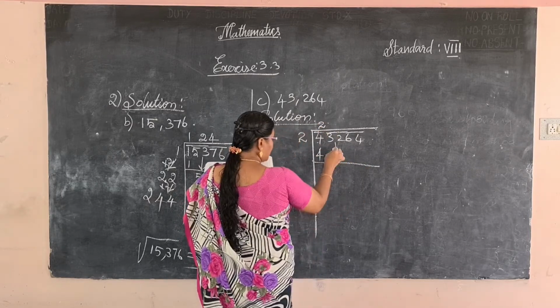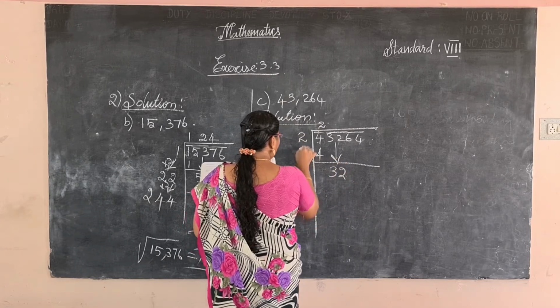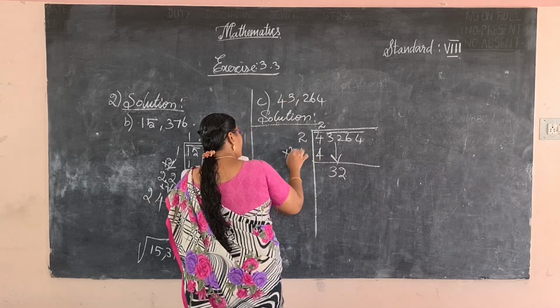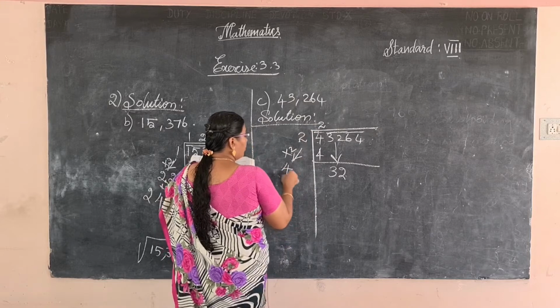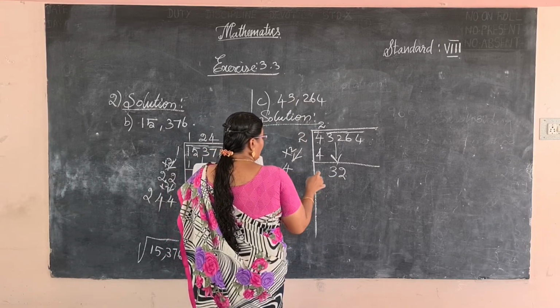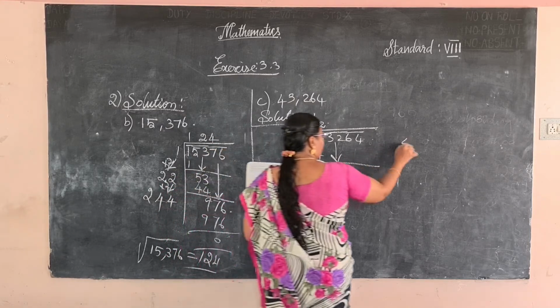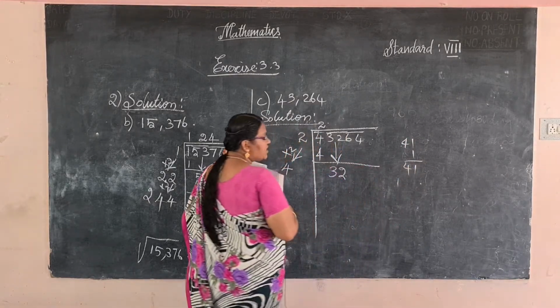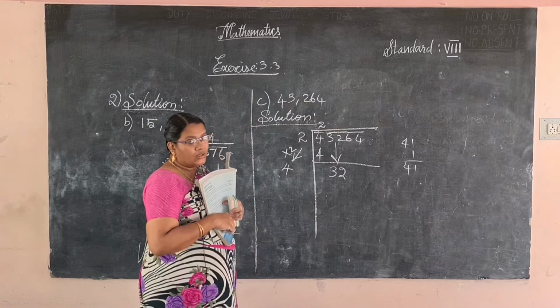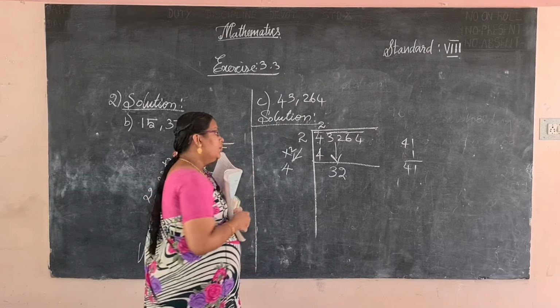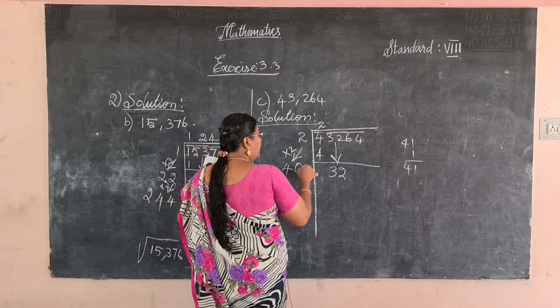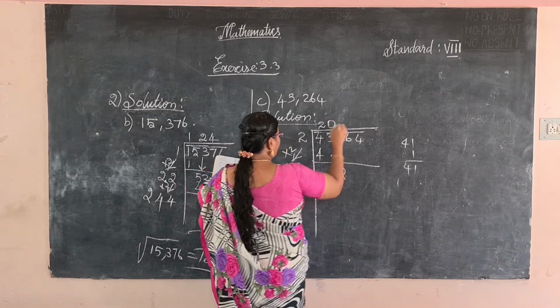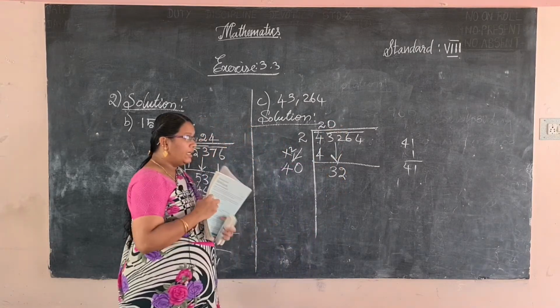Now bring down the next pair, 32. Here multiply by 2: 2 2s are 4. 40 is not possible because 32 is less than 40. So add a 0 here in the divisor and in the quotient.